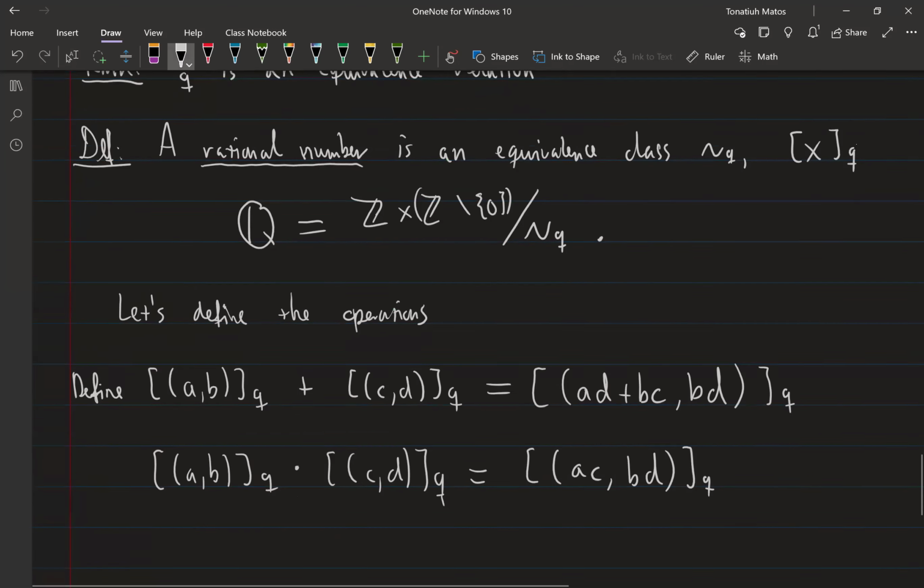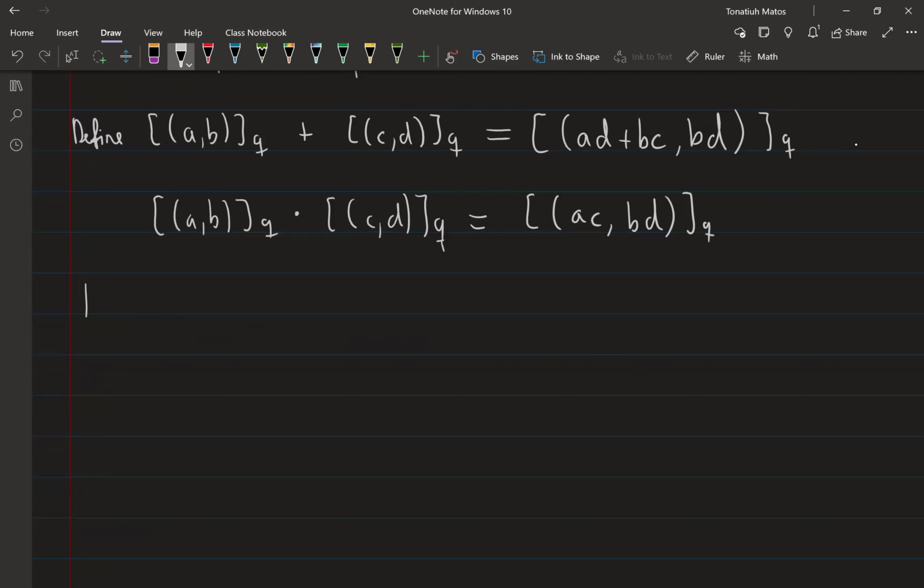And the final thing that I want to tell you is that if n is an integer, then how could we make sense of this integer as a rational number? We can take n and send it to the rational number that consists of (n, 1). Why does this make sense?